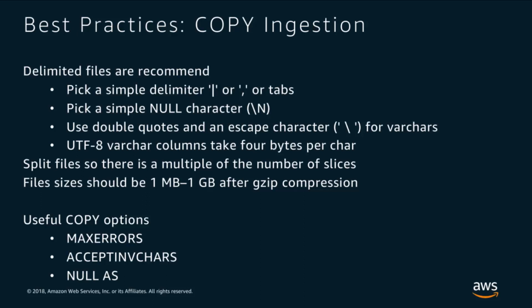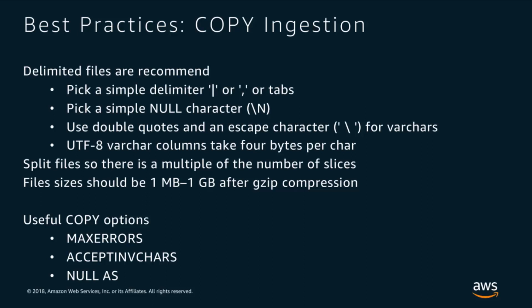Some best practices I've run into while working with customers is, we support various file formats for ingestion. If you're using a copy statement, in most cases it makes sense to use a CSV file. And using a CSV file, pick a simple delimiter, pipes, tabs, make sure you wrap things in proper quotes, pick a simple null character, make sure obviously you escape things like double quotes as well.